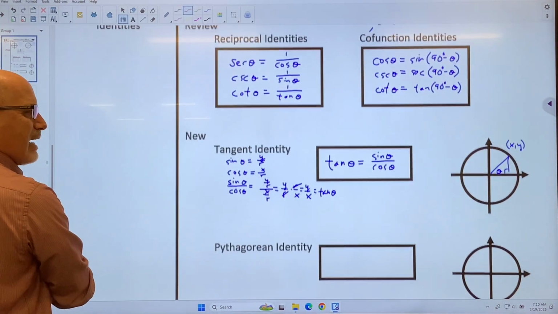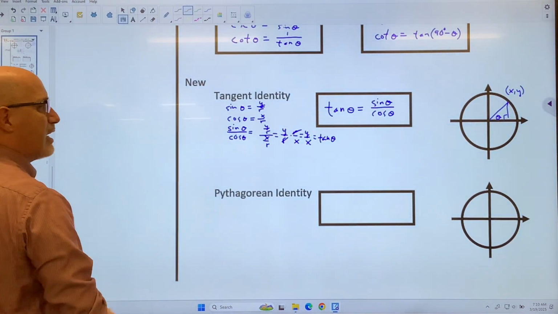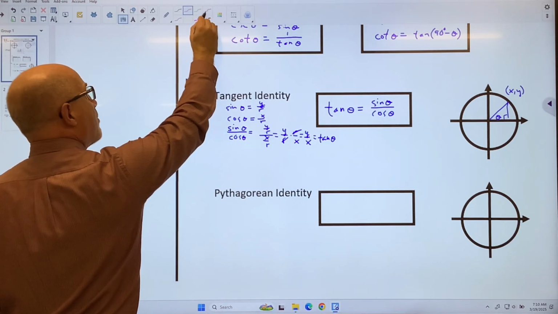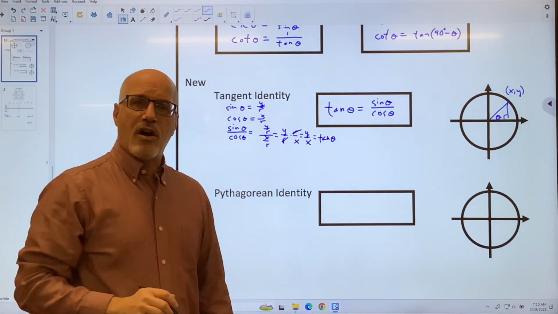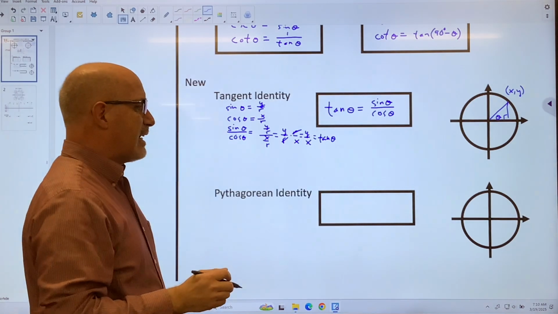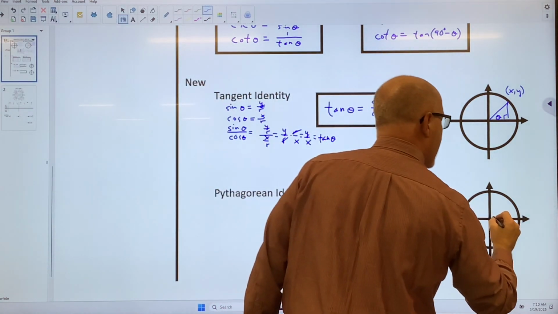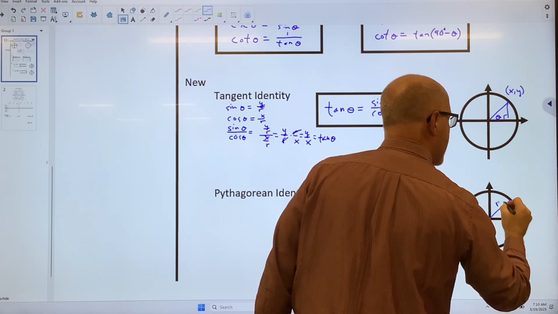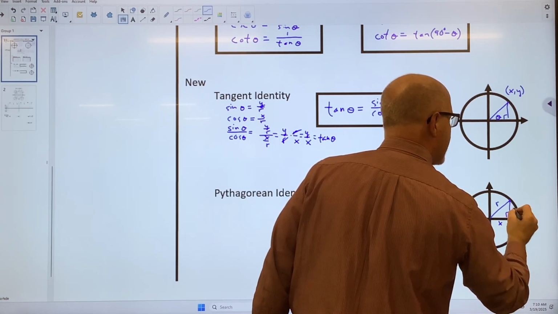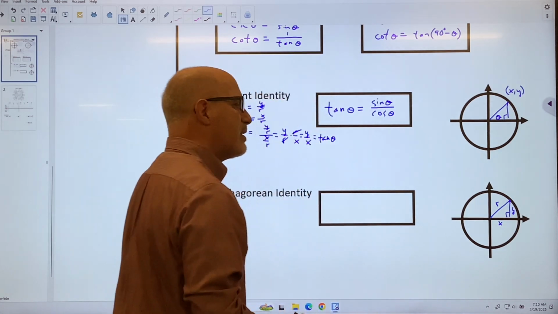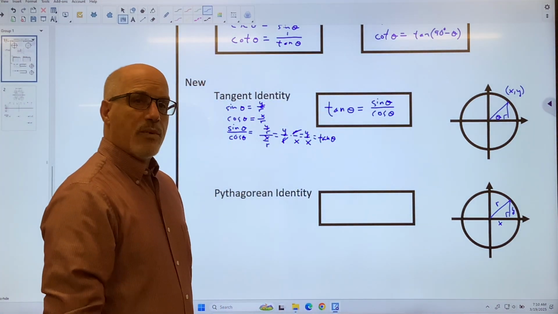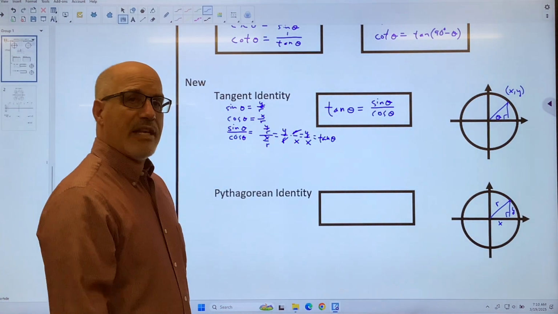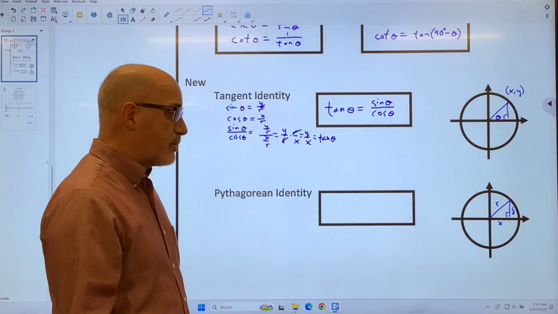All right, let's go back now and do our Pythagorean identity. On this one, again, we're going to go back to using our x's, y's, and r's. If we use our triangle again, where this is equal to r, this is equal to x, and this is equal to y, notice that we can use the Pythagorean theorem on it. Let's go ahead and use that with sines and cosines.